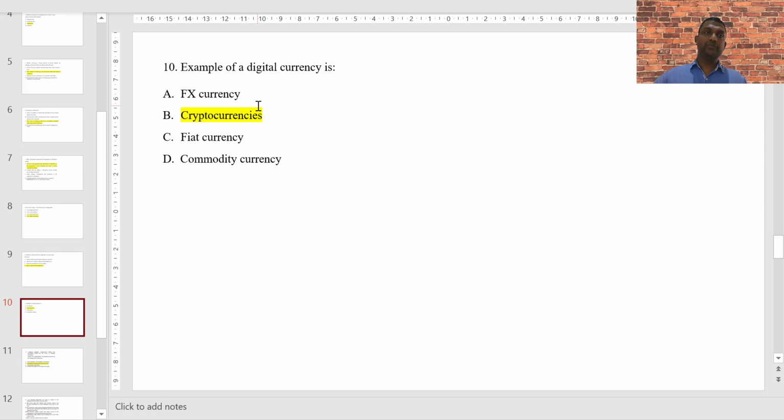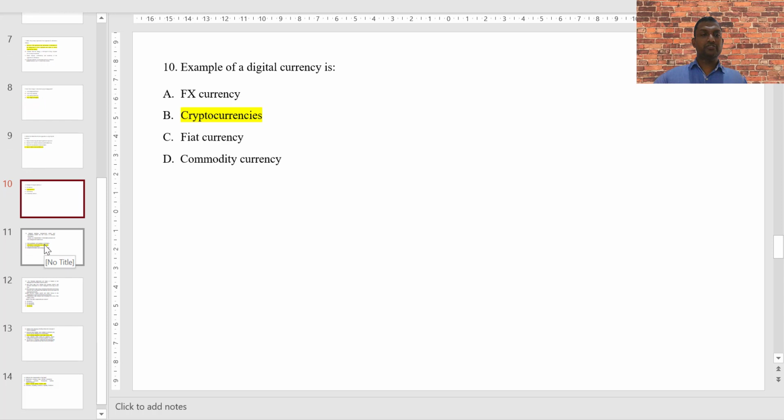So when we talk about Bitcoin and other technologies, we discussed that these are digital currencies, currencies which are maintained digitally. There's no physical presence. So the only digital currency in this list is the category of cryptocurrencies, and there can be a lot of examples for different cryptocurrencies we can think of. So all digital currencies belong to this category, cryptocurrencies. Right. So the answer is B.